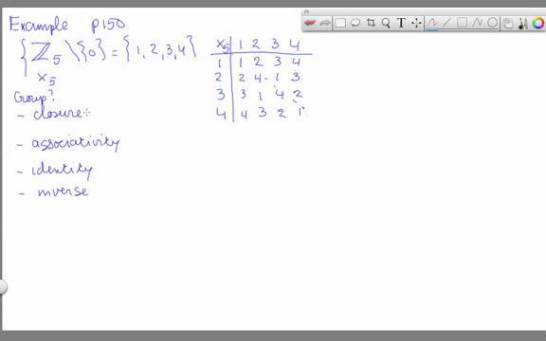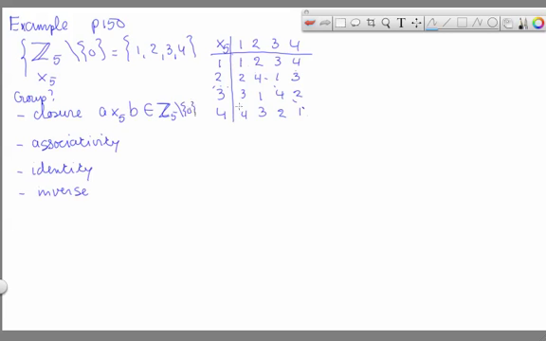Now, first of all, let's have a look at closure, which means I have an element of the set, for instance, 3. And if I multiply modulo 5 this with another element, for instance 2, then the result needs to be again an element of Z5 without the 0.